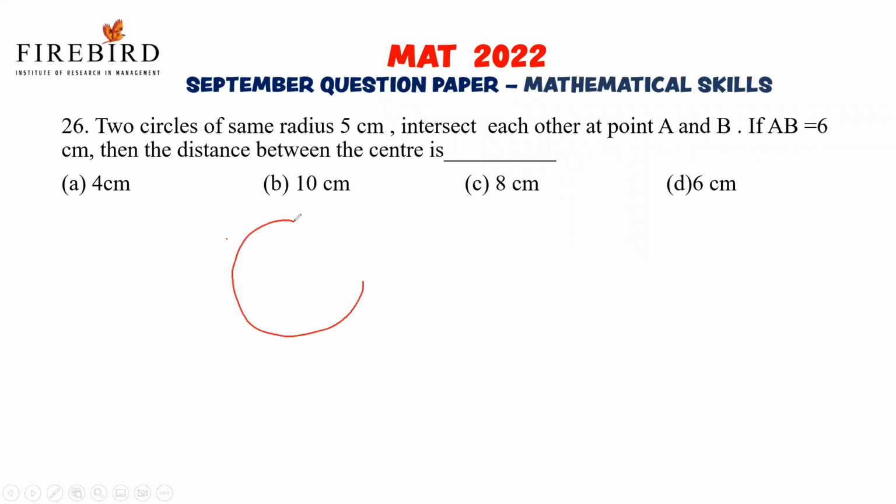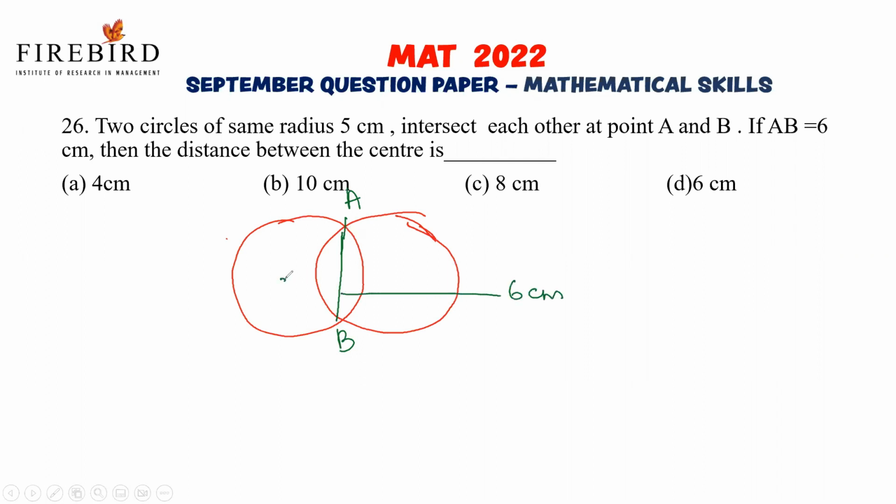Two circles of the same radius, 5 centimeter, intersect each other at points A and B. If AB is equal to 6 centimeter, they told you that AB is equal to 6 centimeter, and we know that the radius is 5 centimeter. They're asking what is the distance between the two centers.